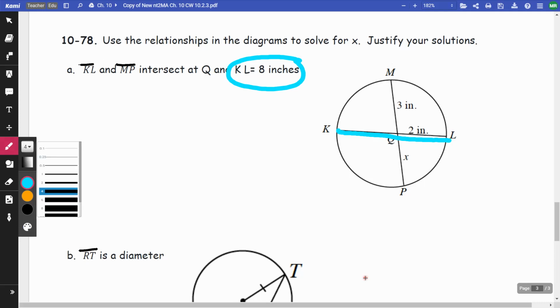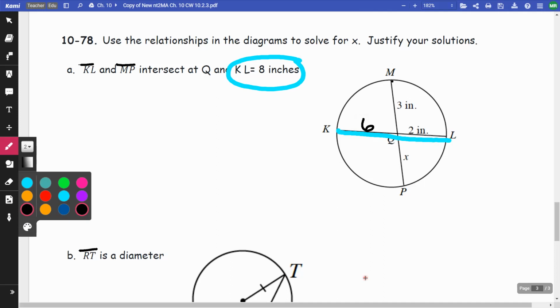So if I know that KL is 8, I know that this has to be 6. Now I can do this using congruent triangles. I'm not, congruent triangles, sorry, similar triangles.